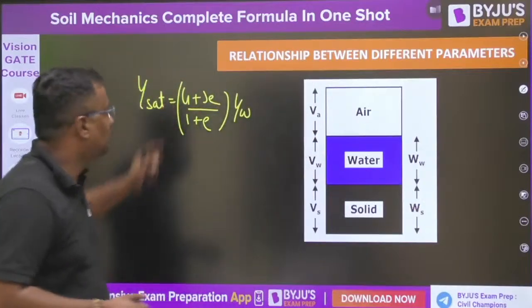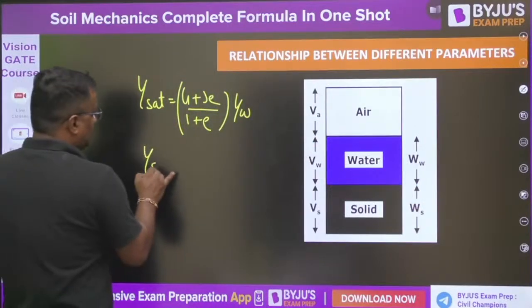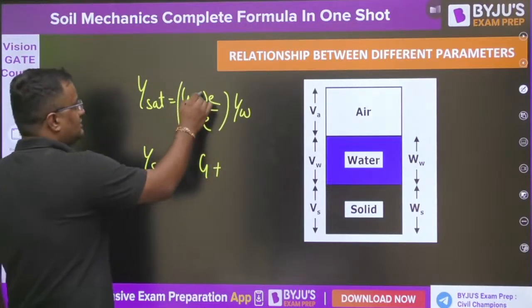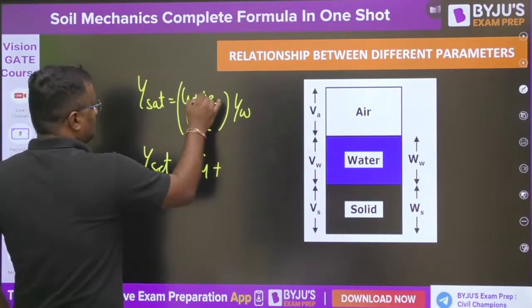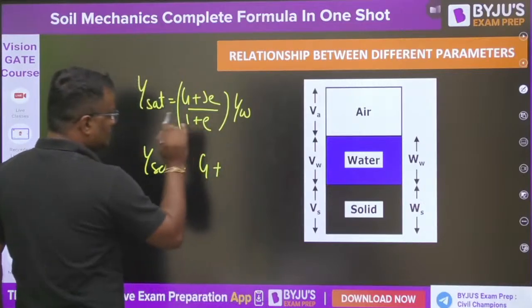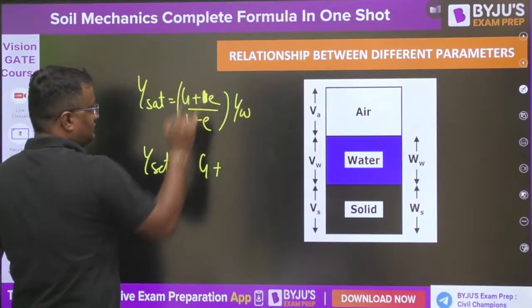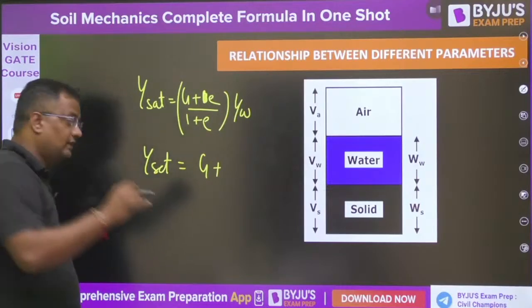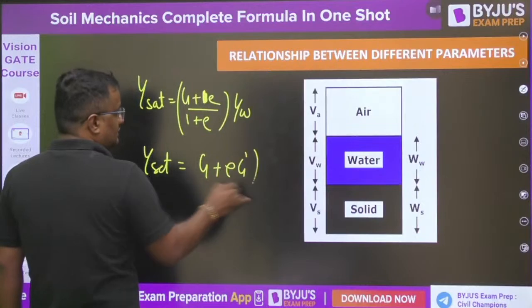So if it is water, the formula is this. If it is some other liquid, then for saturated, this S should be 1, G plus e. If the voids are filled with another liquid, then the formula is this.